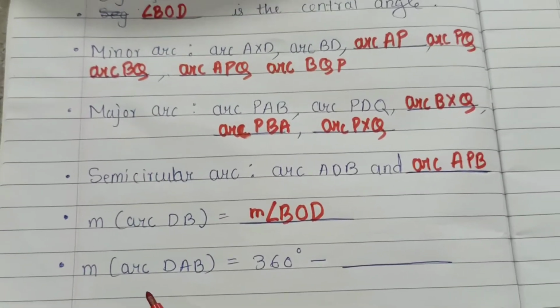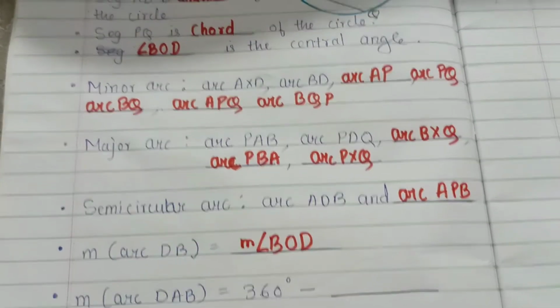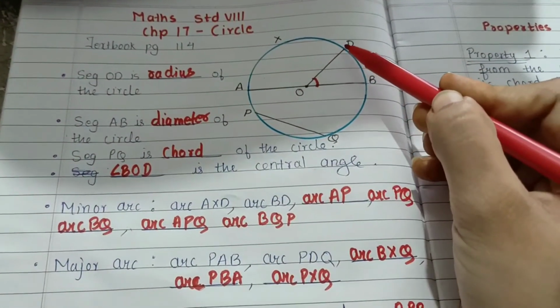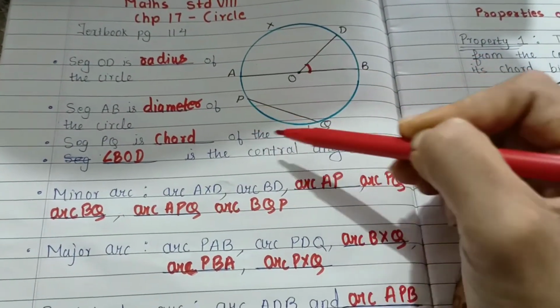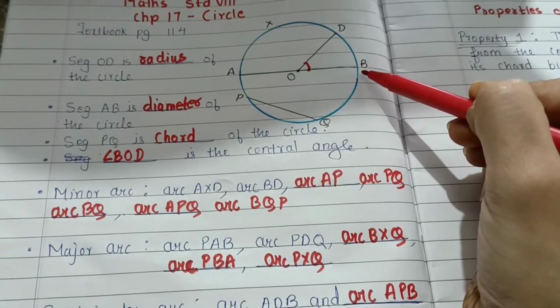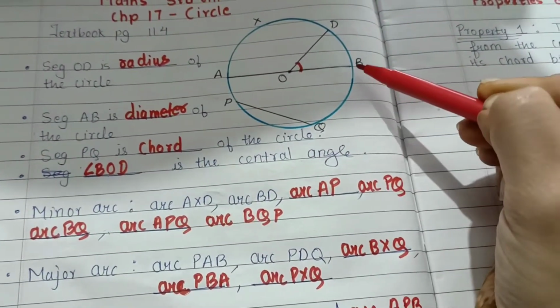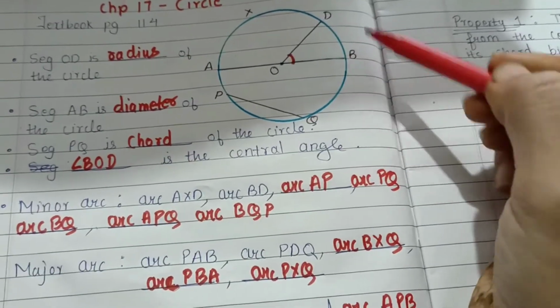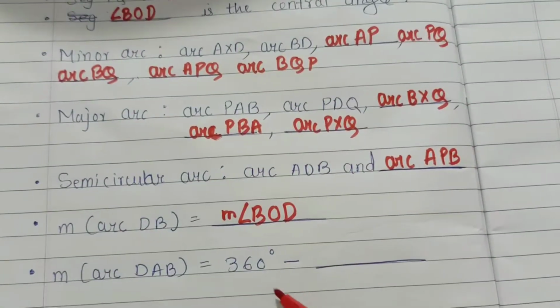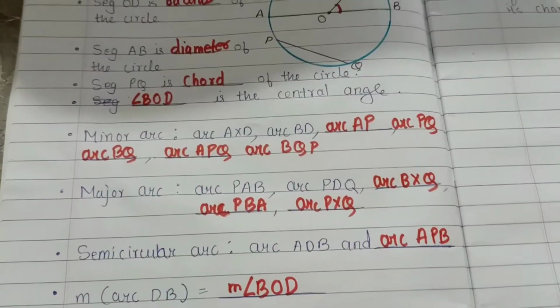Next, measurement of arc DAB, that means this major arc DAB. If you want the measurement of this arc, we have to consider the measure of the circle. The measurement of the circle is 360 degrees.